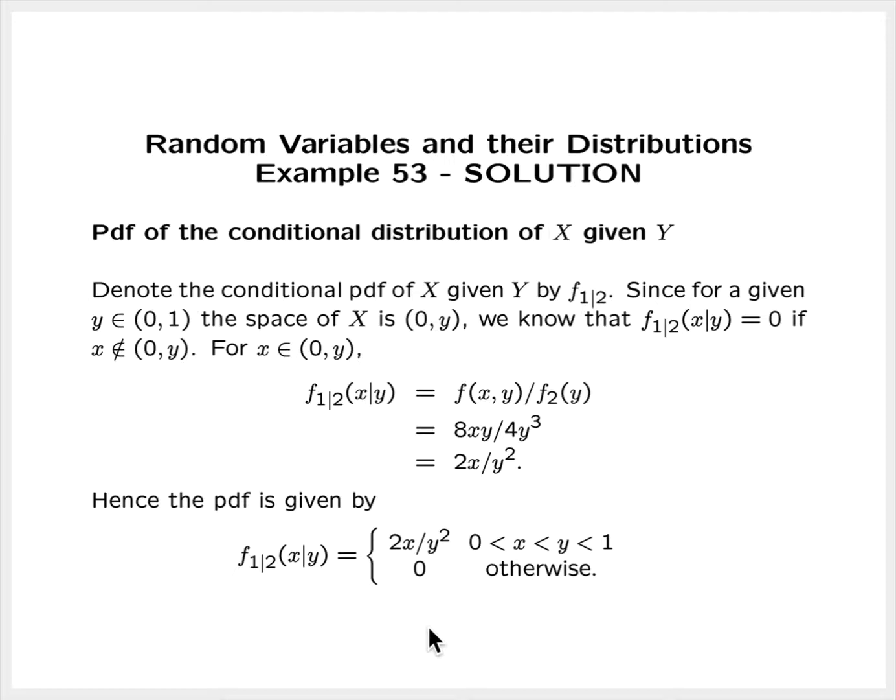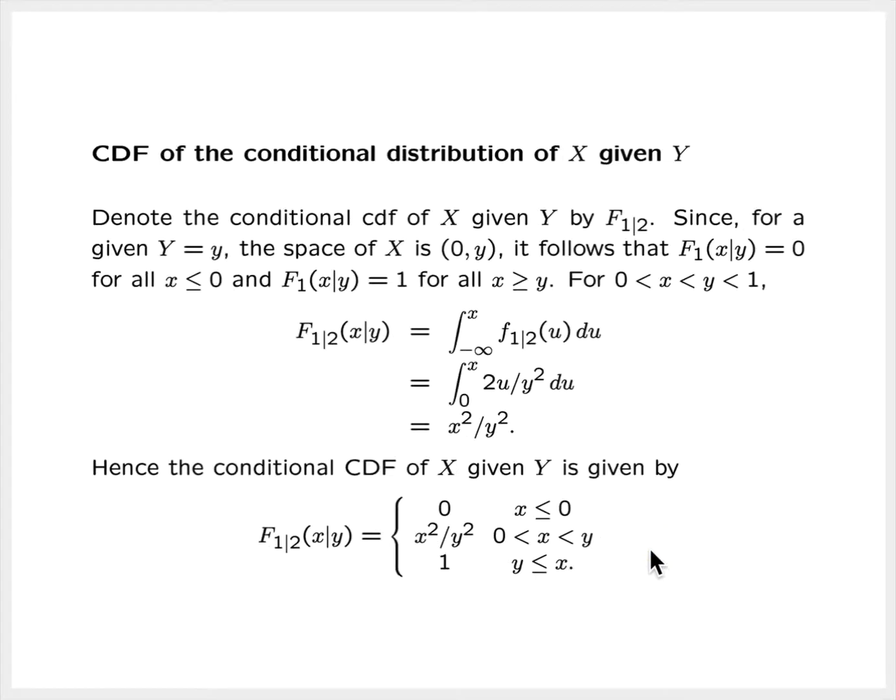So fairly straightforward. Once we have the joint PDF and the marginal PDF, I think you would agree it's fairly straightforward to find the conditional PDF. All right, now to find the conditional CDF of x given y, we'll denote it in the usual way, cap F, which is a function of the first variable x given the second variable y.